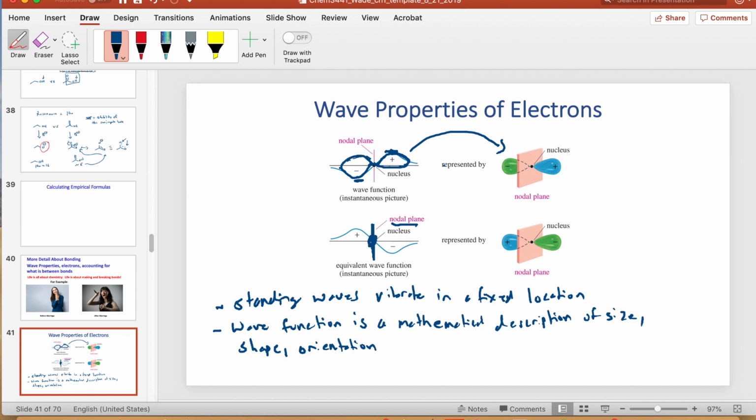So this is how we get these plus and minus sides and these different orientations and all of this stuff here. Now, where this comes into play mostly is going to be how we put things together and make bonds, because the wave function is going to describe the orbital that the electrons are in that is making said bond that we're talking about.